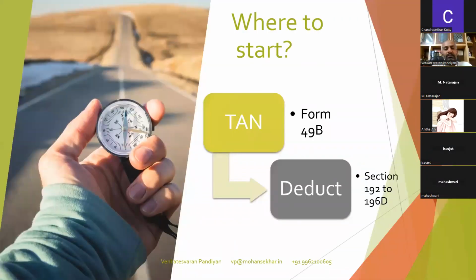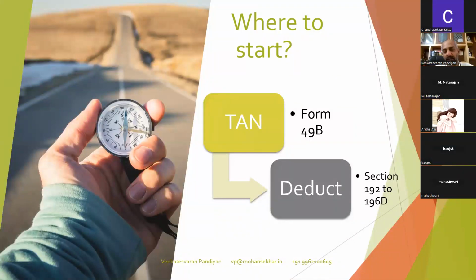Okay, now we have determined on what payments TDS is to be deducted, and we know if we are responsible. Suppose we are responsible, where do we start? The first and foremost thing is you need to have a TAN number.